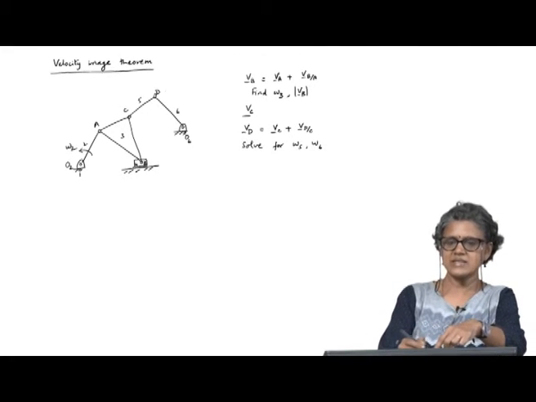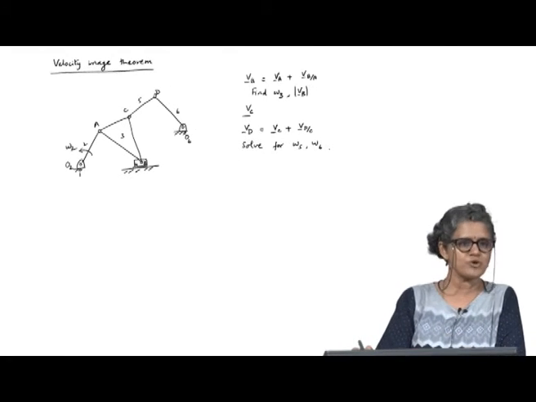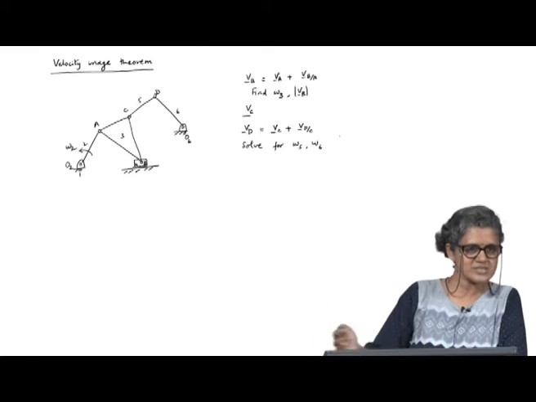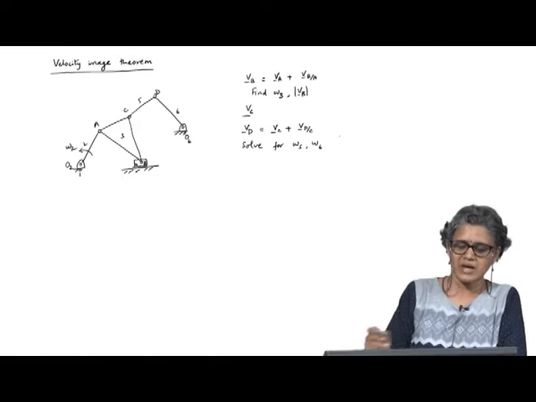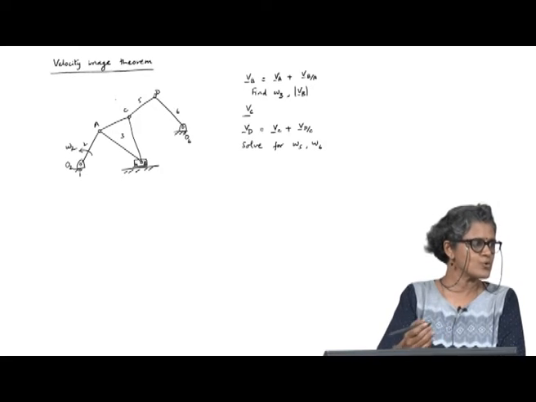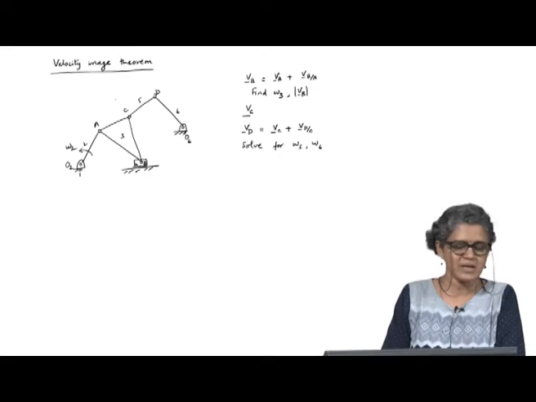Then I relate C and D, and once I relate C and D, that is it, I can solve for omega 5 and omega 6. So, I know all the angular velocities in this mechanism, and if I know the velocity of any one point on each link, then I know the absolute velocities of any point on the linkage.